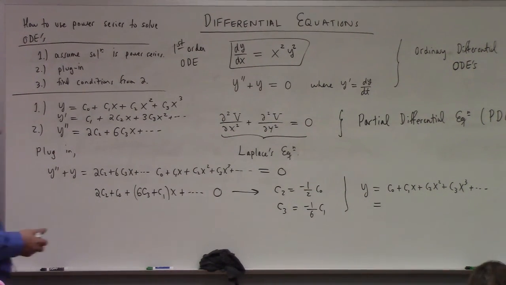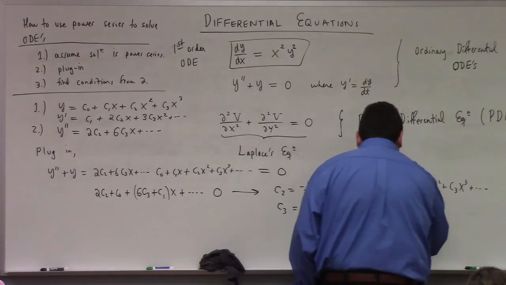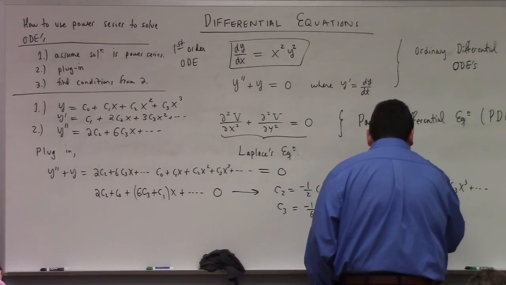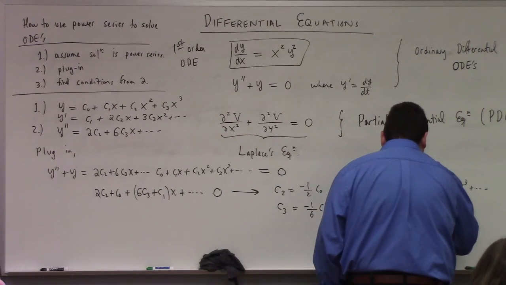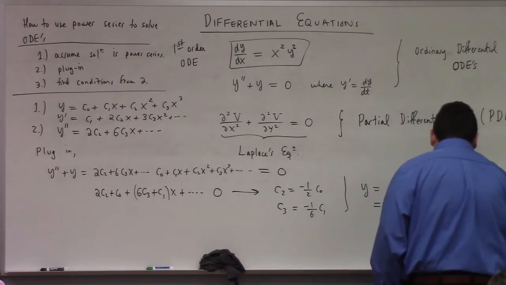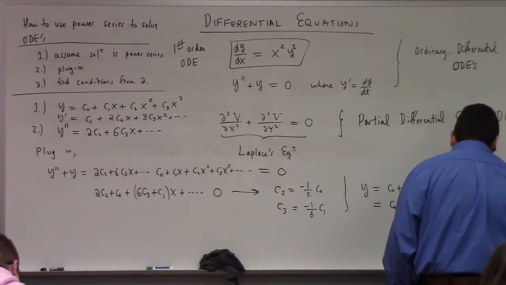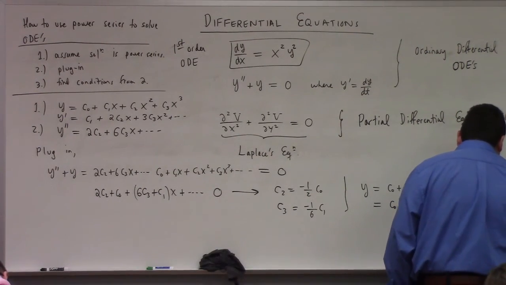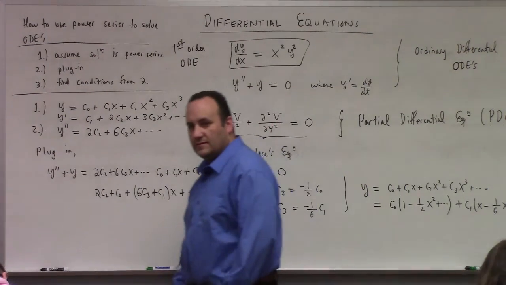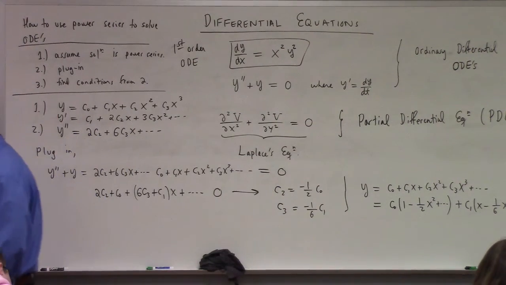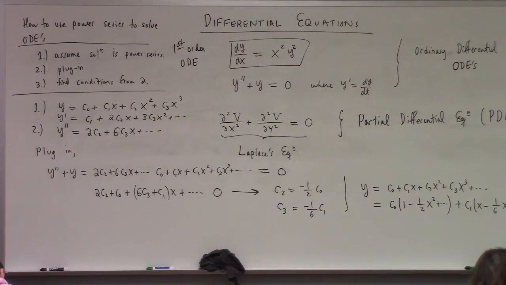So I can factor out a c0, and that will give me c0 times 1 minus 1/2 x squared plus stuff I haven't calculated, plus c1 times x minus 1/6 x cubed plus stuff I haven't calculated. There you go. Those are the first 4 non-trivial terms that appear in the general solution to the second order ODE.